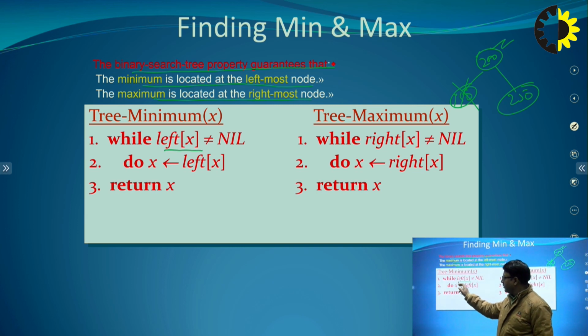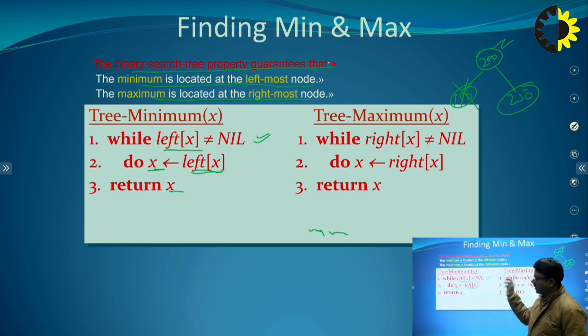And if this is true, then what we will do here, while left of x is not nil, we have to continue the statement till this is false, and we have to assign into x the left of x, and then we have to return. That means we are just taking the left value of the given subtree, and the left value of the given subtree will be the minimum.